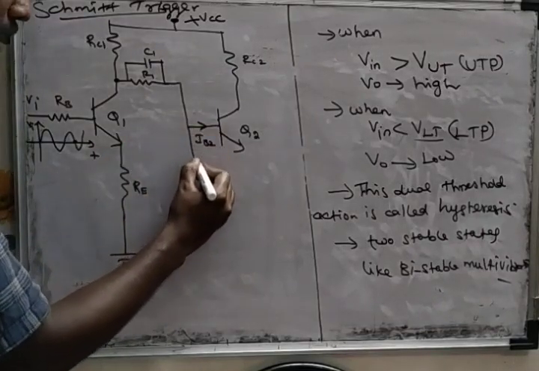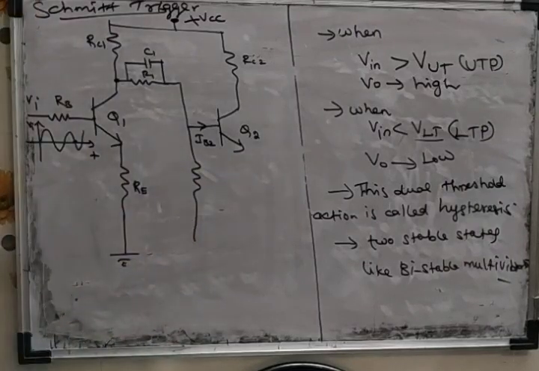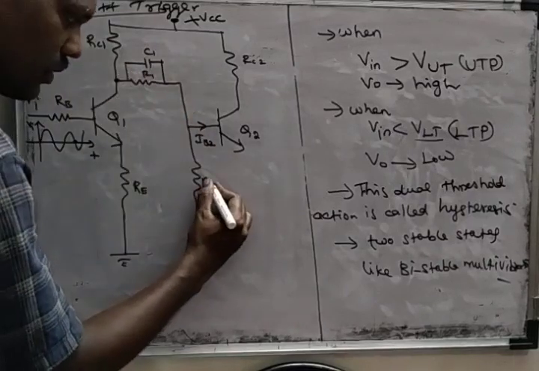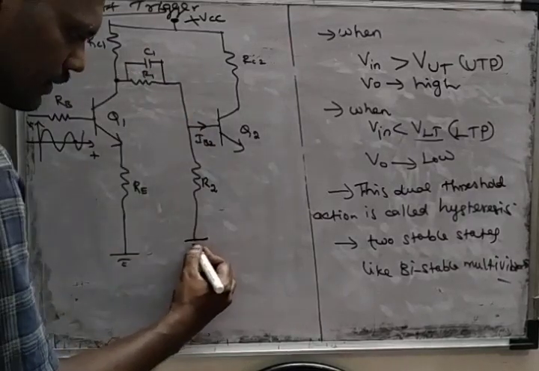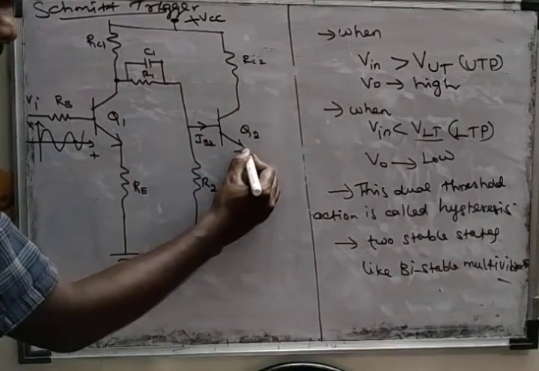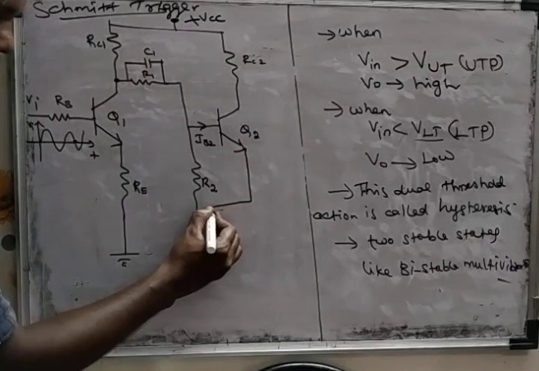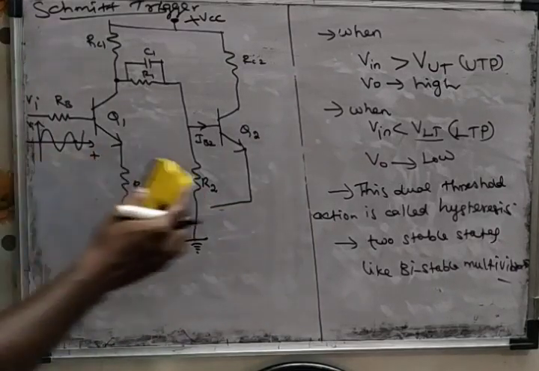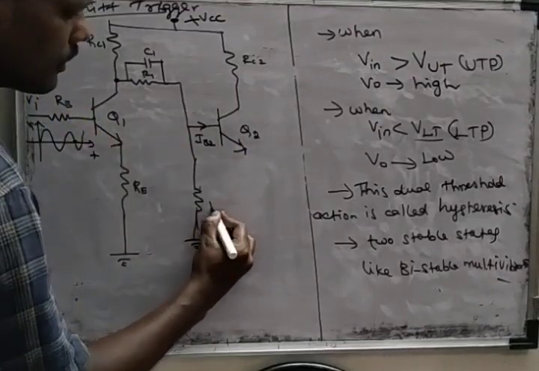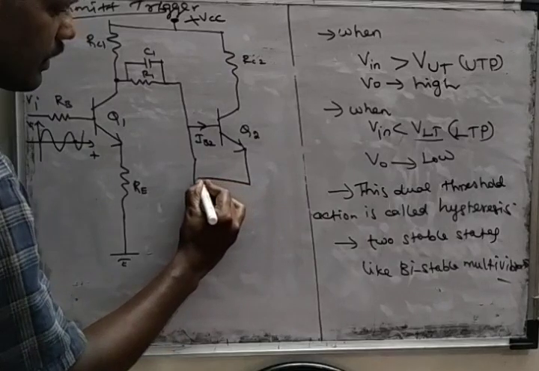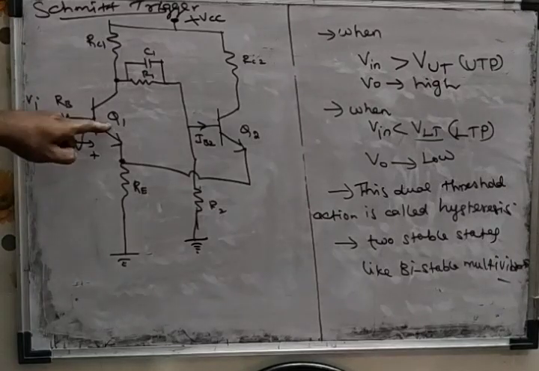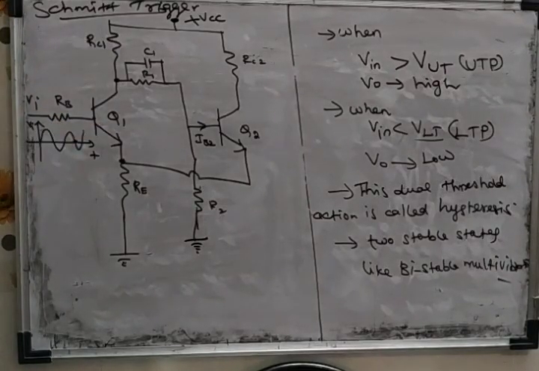Similarly, here we have R1, so I am taking R2 here. We take the emitter of Q2 and give it to the emitter of transistor Q1.